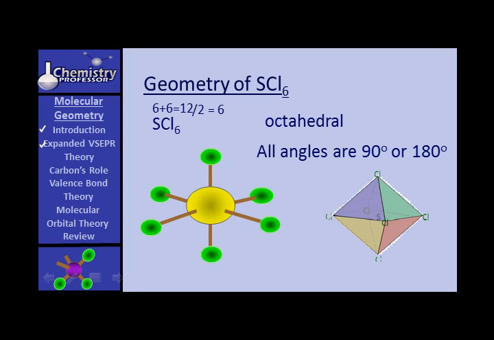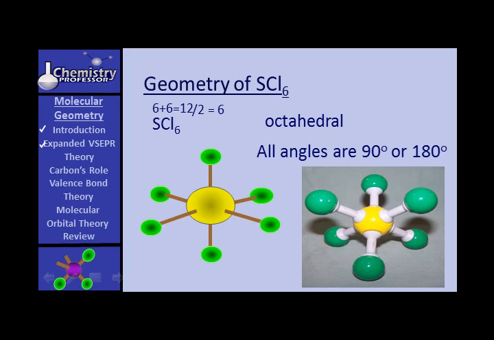And if you look at it like this, perhaps it will show you that octahedral structure better. See the 8 faces on this structure. That's right. And notice that there are chlorines at each of those points with sulfur in the middle. Well, perhaps a better way to show you would be with one of these models right here.